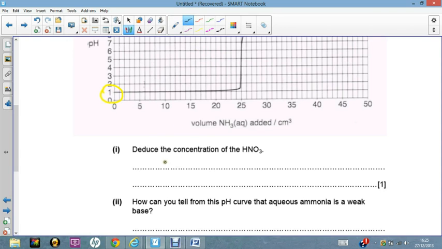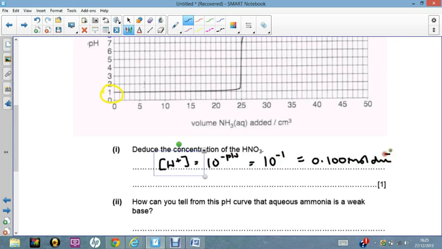If we know the pH, then we can get H plus by doing 10 to the minus pH equals 10 to the minus 1. Just to reiterate, nitric acid is a strong acid, therefore the concentration of the acid is equal to the concentration of H+.